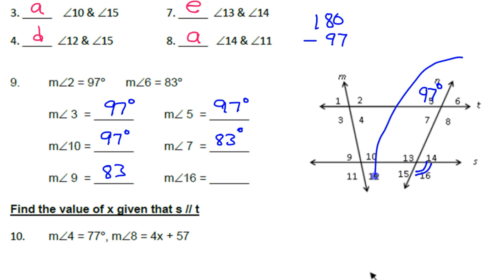Looking at these parallel lines cut by a transversal, angle 5 and angle 16 are alternate exterior angles. They're on the outside of the parallel lines, and they're on opposite sides of the transversal. And alternate exterior angles are congruent. So if this is 97 degrees, then angle 16 will also be 97 degrees.